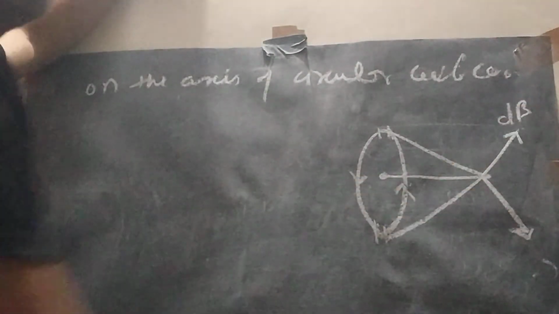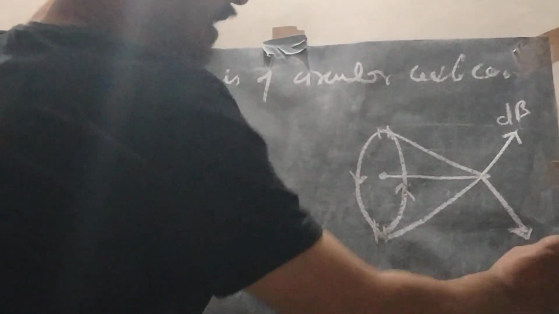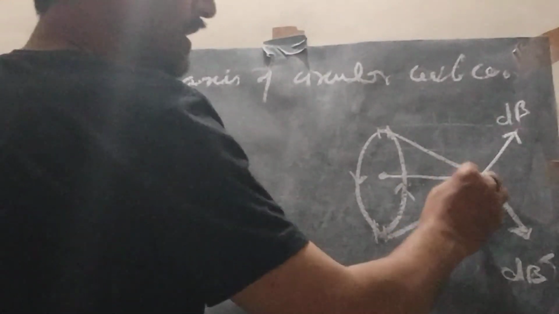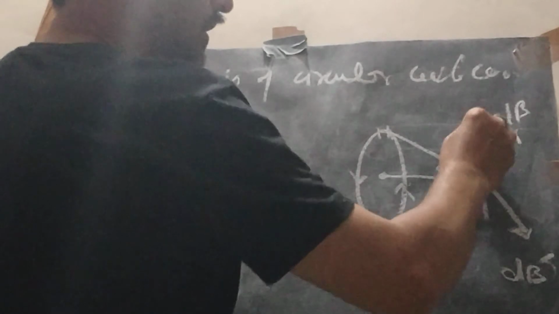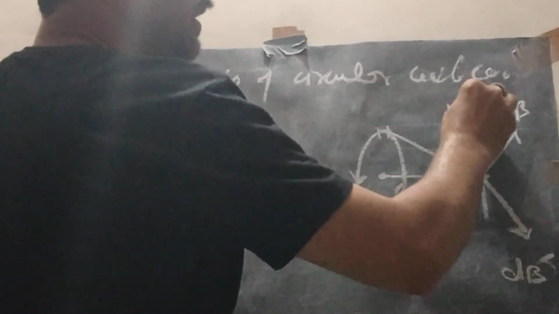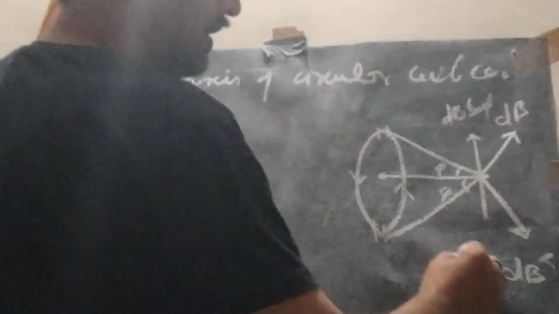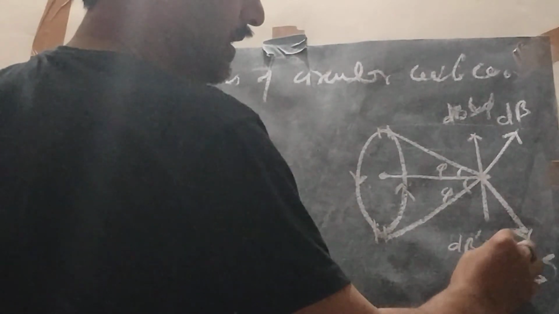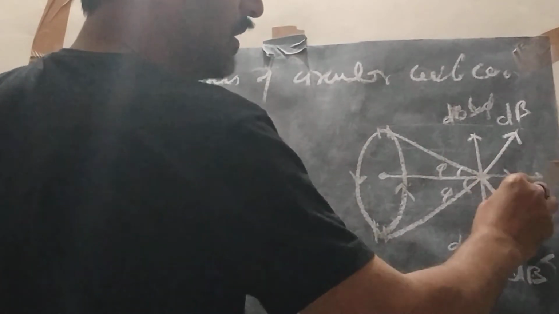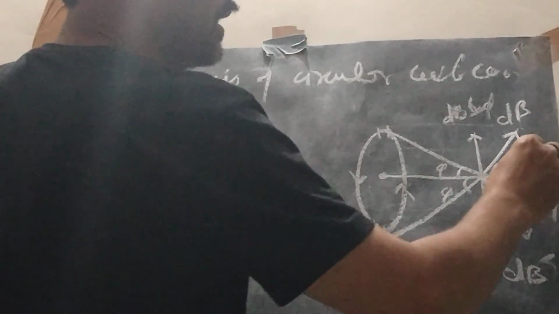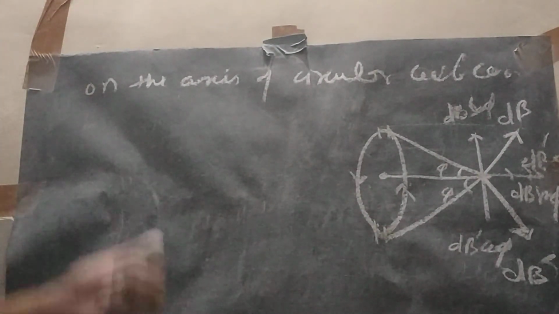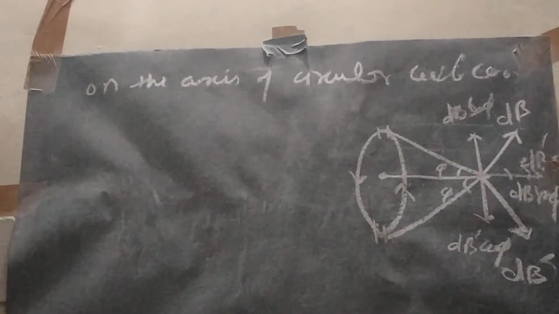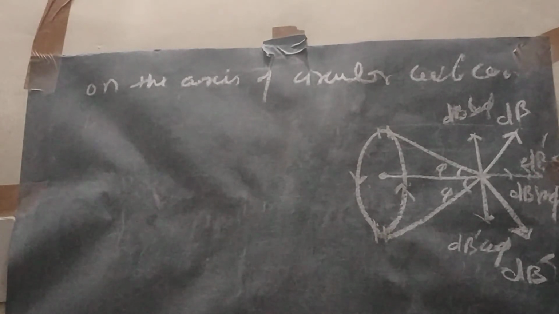So here is dB, here is dB dash, and if this angle is theta or phi, then the components are dB cos phi in this direction, dB dash cos phi in this direction, and dB sin phi, dB dash sin phi in these directions. Similarly, we did an article on the electric field on the axis of a circular coil carrying current.